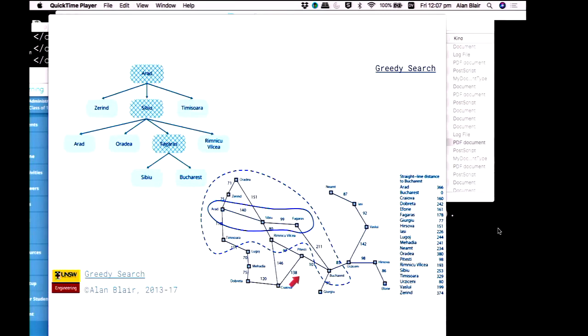Breadth first search is guaranteed to find the shortest solution, but because it has no idea how close it is to the goal, it will explore every possible path that's shorter, that's closer than the goal.